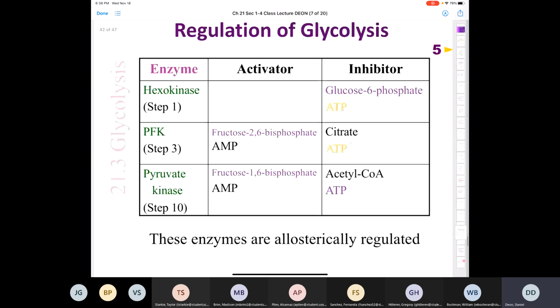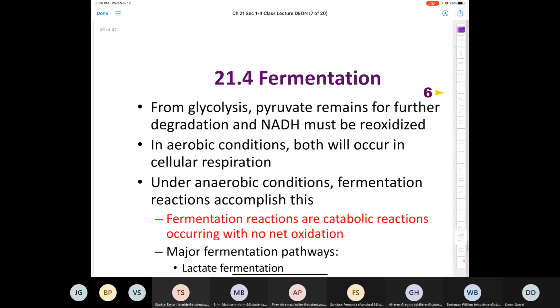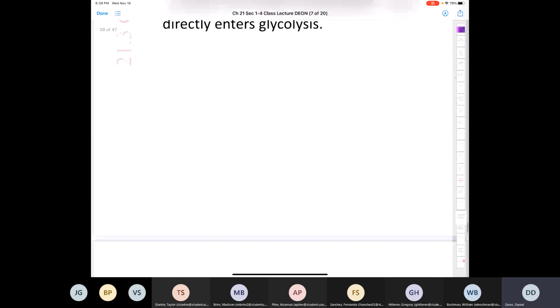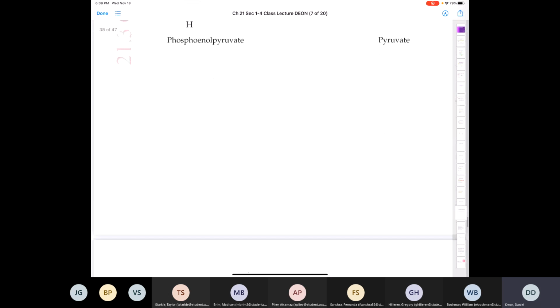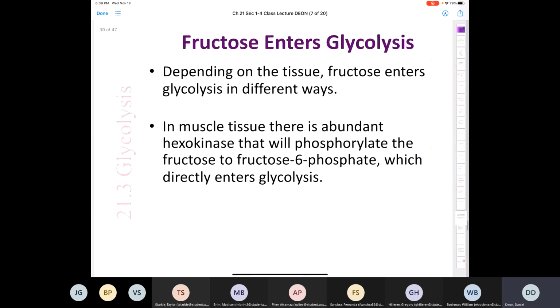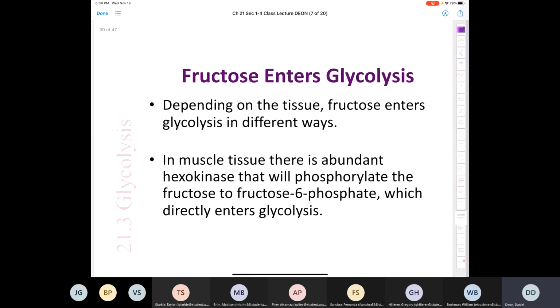Before I do that, I'll talk briefly about fructose, because not only do we break sugars down into glucose, but most people consume a lot of high fructose corn syrup. Of course, fructose is found in fruits, so fructose is a very important sugar in our diet.